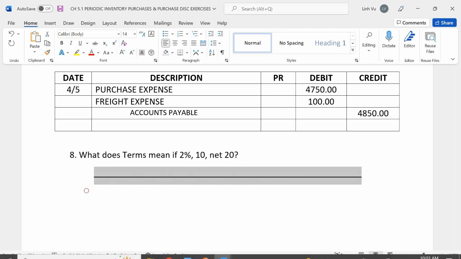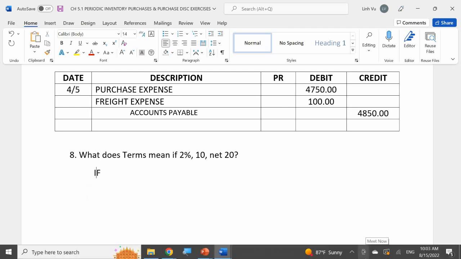You'll be paying 2% if you pay within 10 days. So what do you mean you'll be paying 2%? I mean, you'll be taking 2% off your purchase price. Correct. So you take a 2% discount if you pay within 10 days.